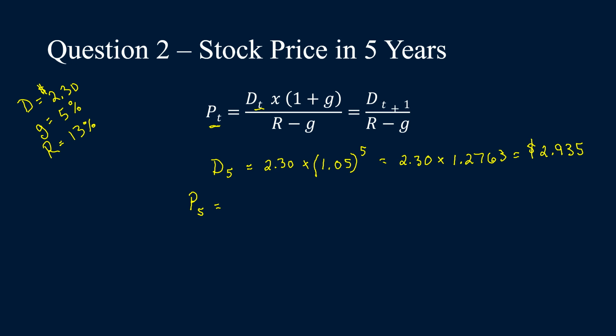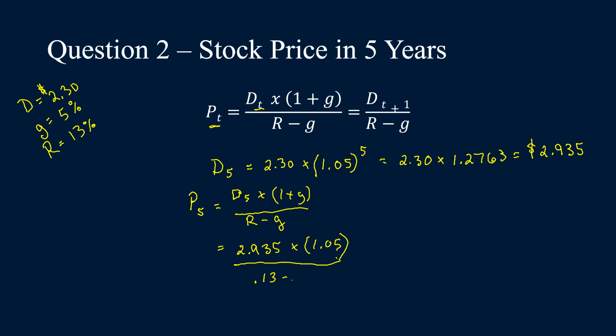So P of 5, or P5, we have D5 times 1 plus G, divided by R minus G. So let's just insert the numbers. Our D5 is 2.935. We're going to multiply that by 1.05, that's our growth rate. And then divide that by our required rate of return minus our growth rate.